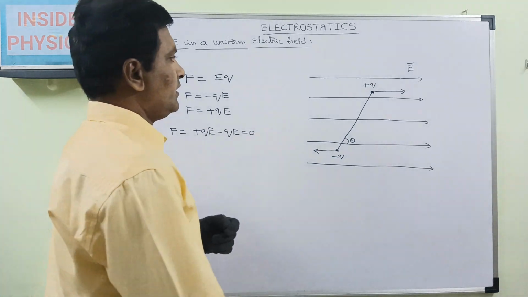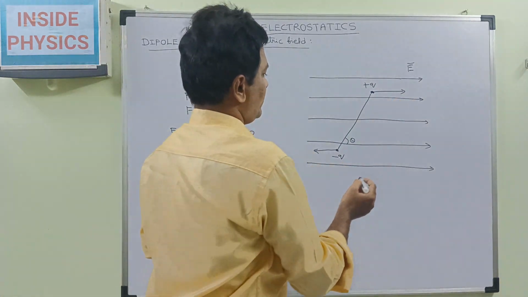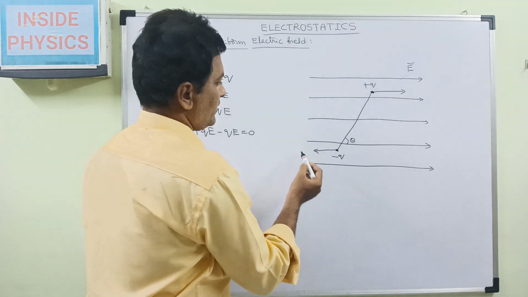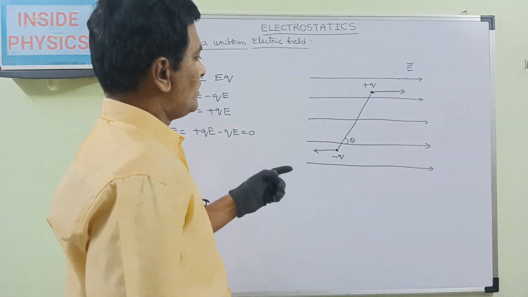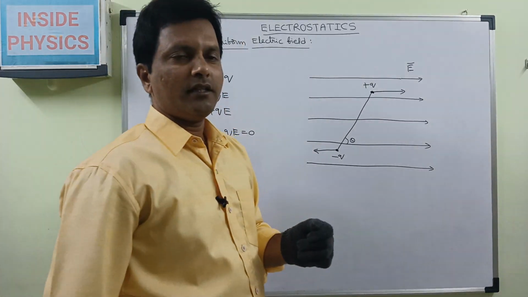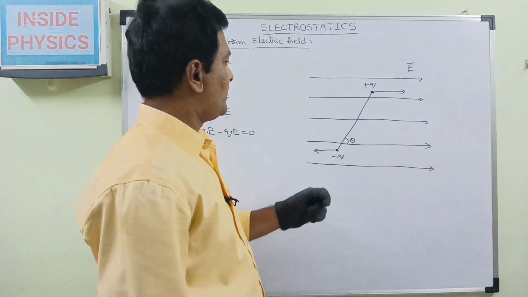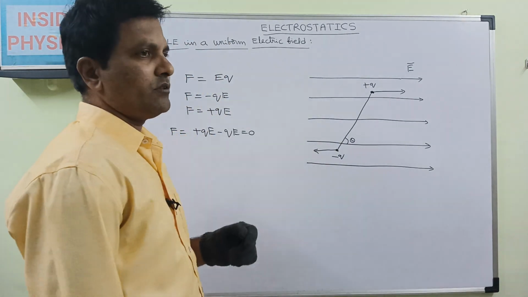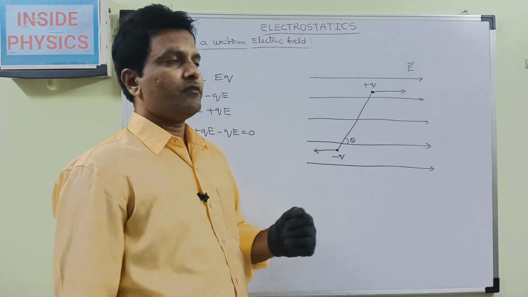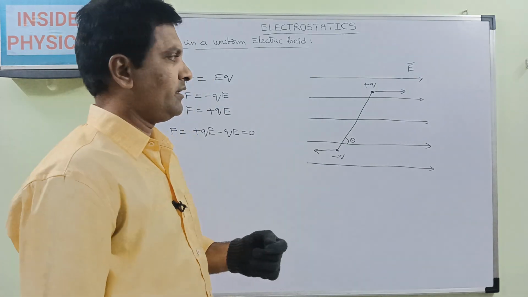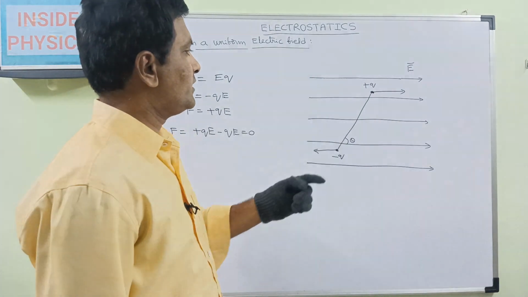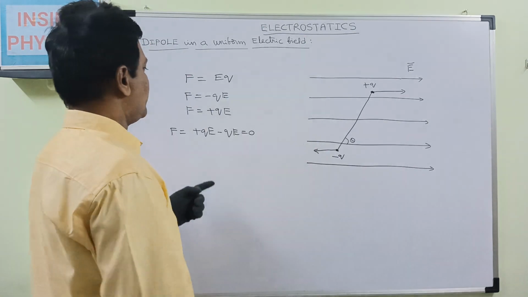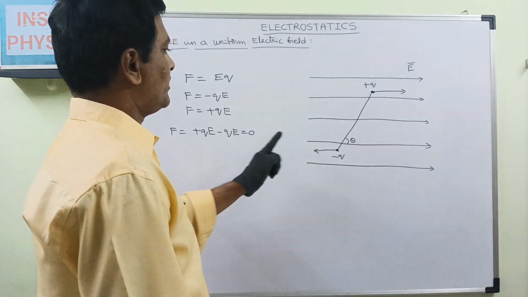That means the force acting in this direction and the force acting in the other direction cancel. So there is no net force, and a net force of 0 means that there is no translatory motion for this dipole.